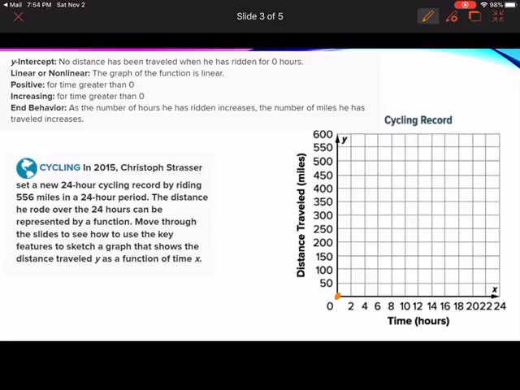Increasing for time greater than 0. And then in behavior, as the number of hours he's ridden increases, the number of miles he's traveled increases. So I'm going to use all this information to draw a line going up.